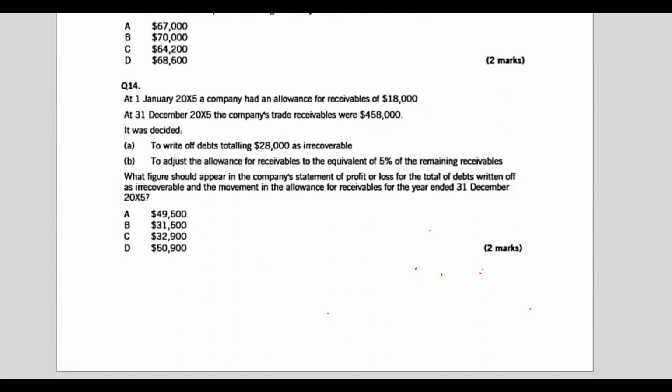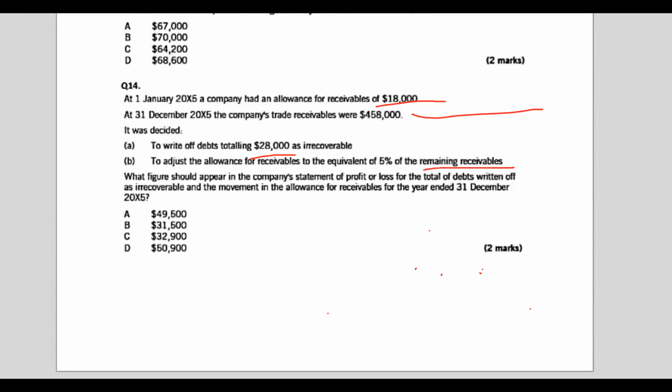Okay. So question 14, at 1st January 2015, a company had an allowance for receivables of $18,000. At 31st December 2015, the company's trade receivables were $458,000. Therefore, it was decided to: A, write off debts totaling $28,000 as irrecoverable; B, adjust the allowance for receivables to the equivalent of 5% of the remaining receivables.